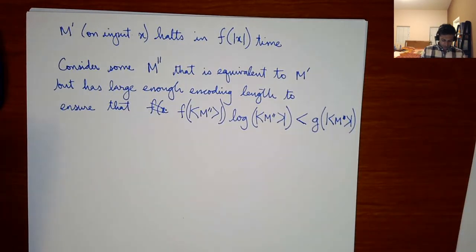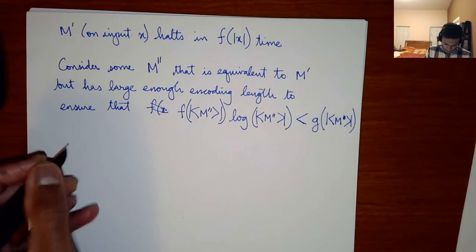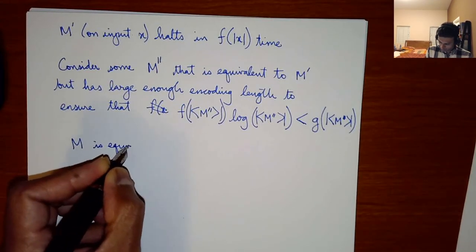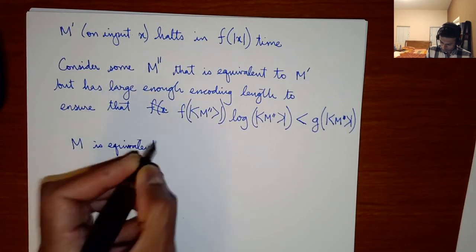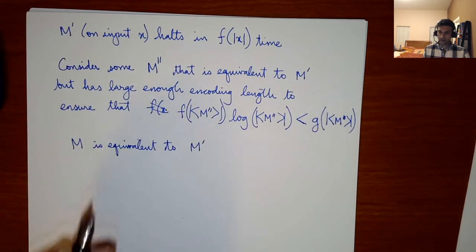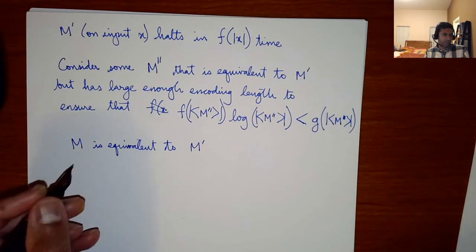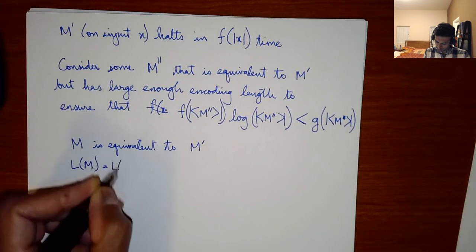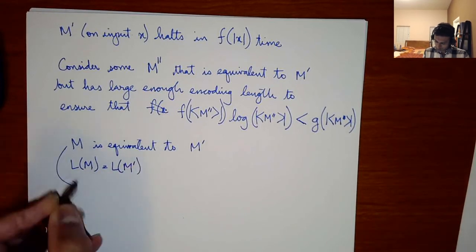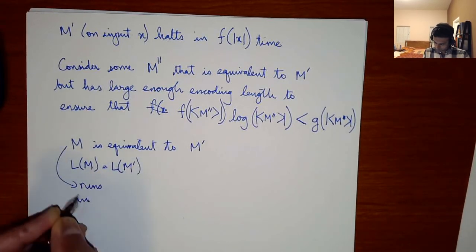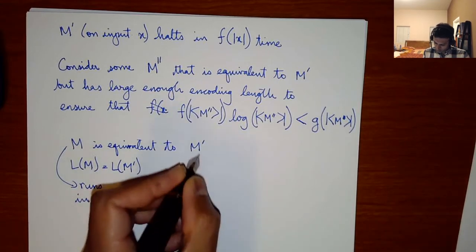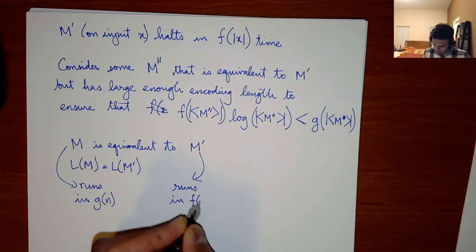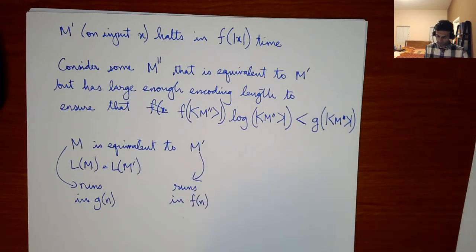So let's get something straight here. M is equivalent to M prime, because by equivalent I mean they decide the same languages, because L of M is equal to L of M prime. M runs in g of n. This runs in f of n, which is much more efficient.